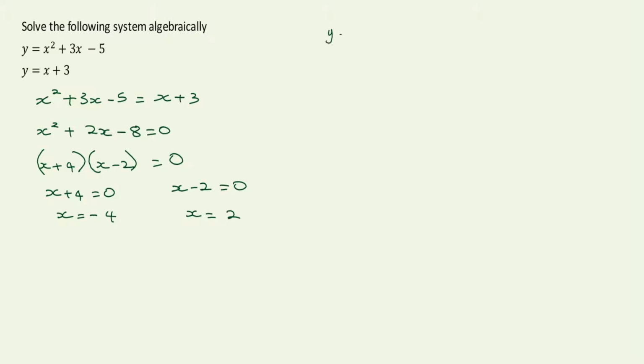So we have y equals x plus 3. For x equals negative 4, y equals negative 4 plus 3, which is equal to negative 1. For x equals 2, y equals 2 plus 3, which is equal to 5.